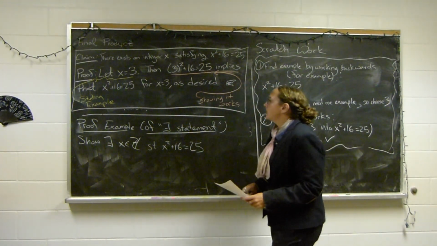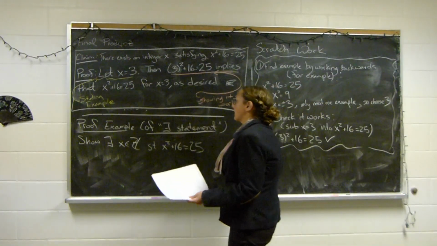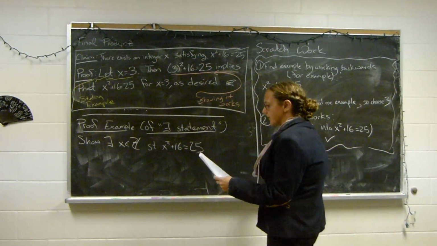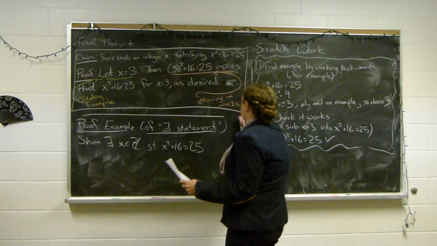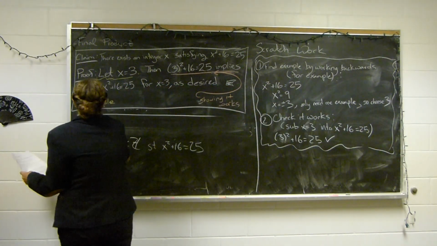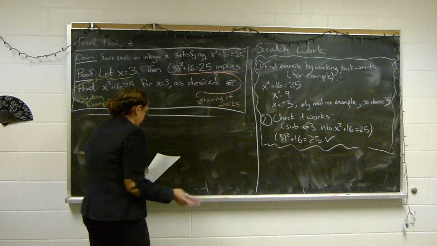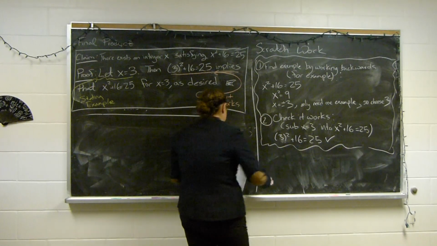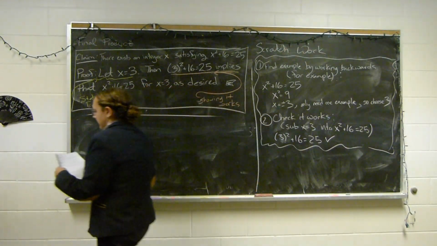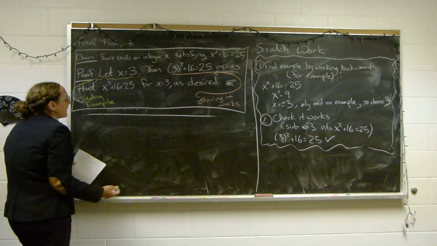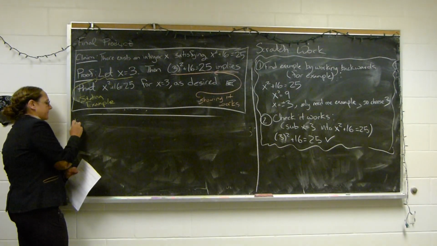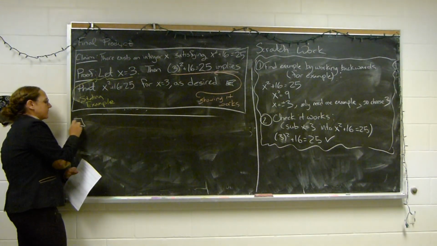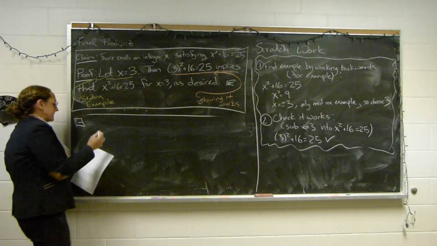So I want to say a few more things about the existential quantifier now that you understand how to prove things with it. The existential quantifier can end up disguised in a statement. So there exists, disguised in a statement.